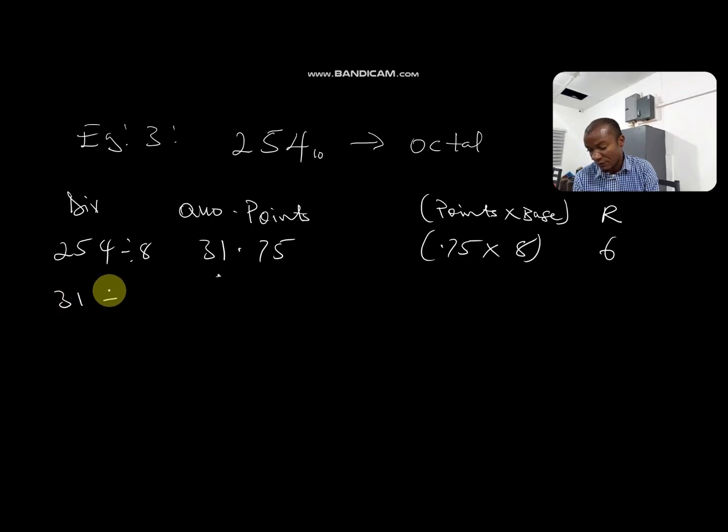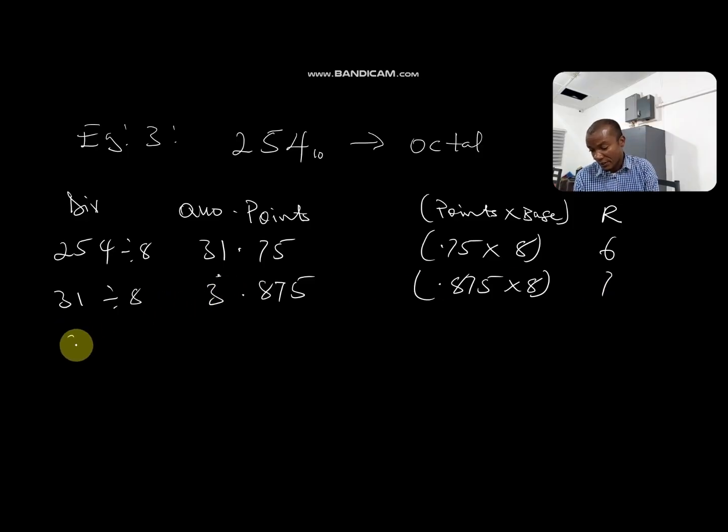So 31 divided by the base, which is 8, I'll get 3.875. To get my remainder, 0.875 times base 8 will give me 7.